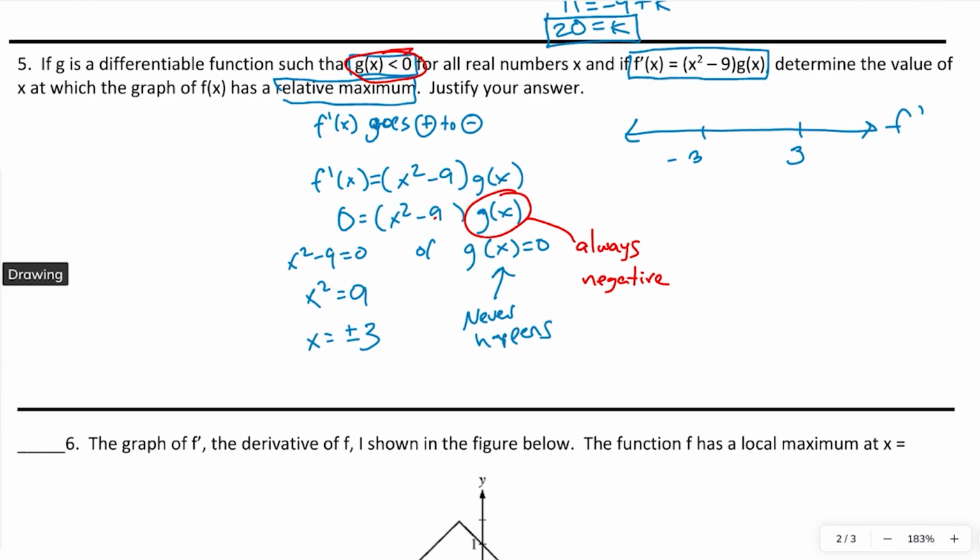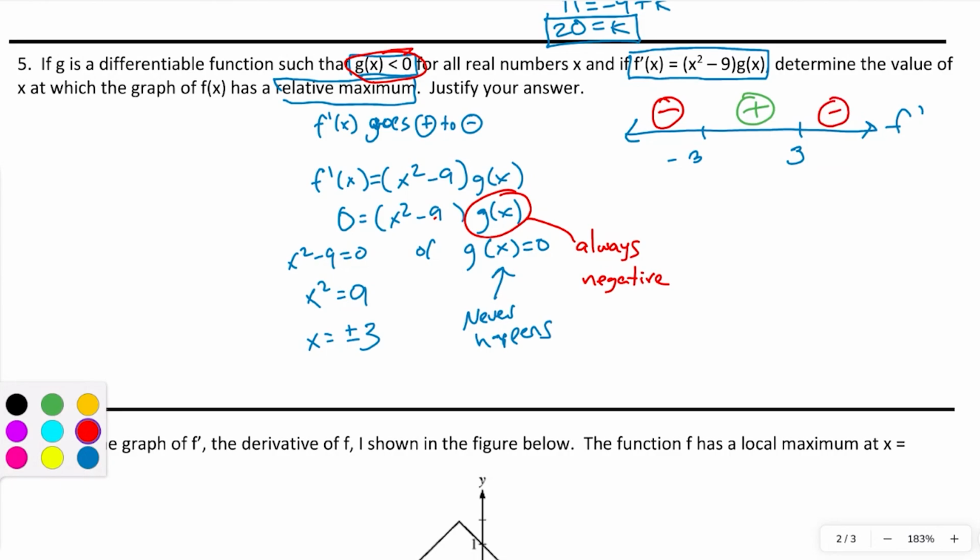So we will have a positive times a negative, which is negative. Then if I plug in a number like 0, I get a negative times a negative, which is positive. And finally, if I plug in a number like 10, I'm going to get a positive times a negative, which is negative.